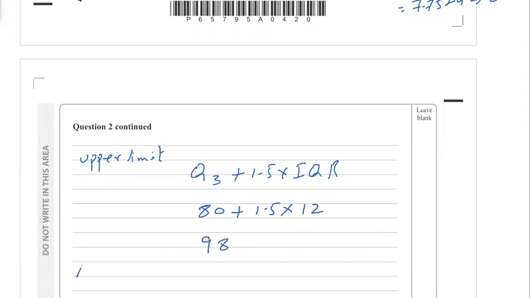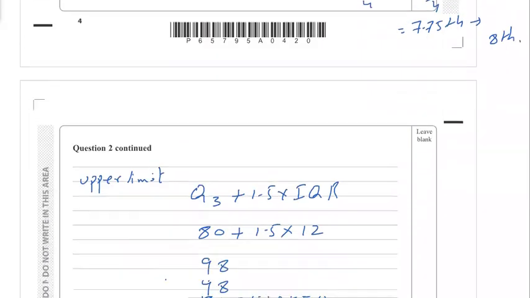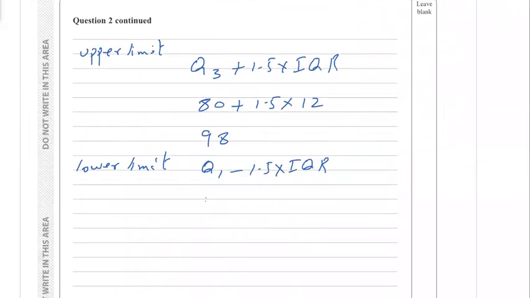Now talking about the lower limit. The lower limit is always Q1 minus 1.5 times the interquartile range. Now Q1 we found in the previous part, that was 68. So we'll take 68 minus 1.5 times the interquartile range, which is 12.